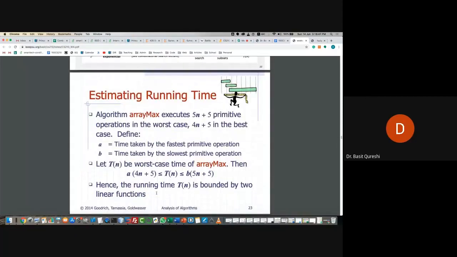Now let's come to the topic of estimating the runtimes. So remember when we started studying this topic, we said that to exactly know the runtime, you have to write the code, compile and run the code on a particular platform, hardware and software, and then record the times.